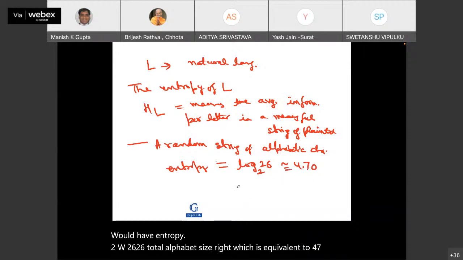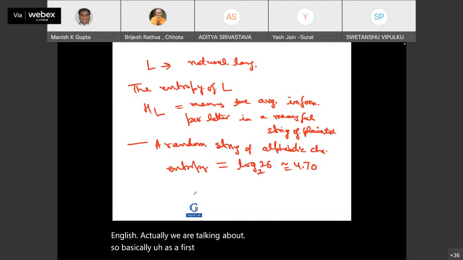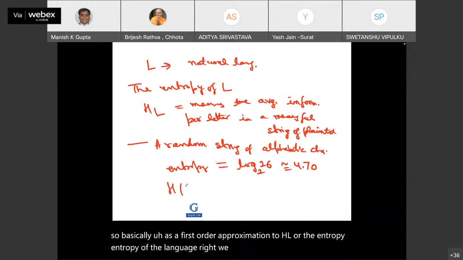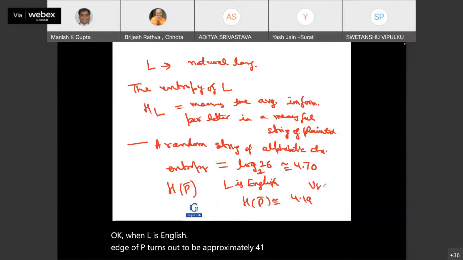In English, as a first order approximation to H_L, the entropy of the language, we take H(P), the plain text, as a random variable. When L is English, H(P) turns out to be approximately 4.19 using the Piper table, if you remember.